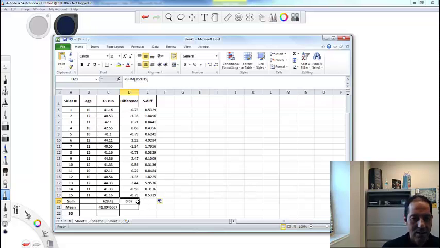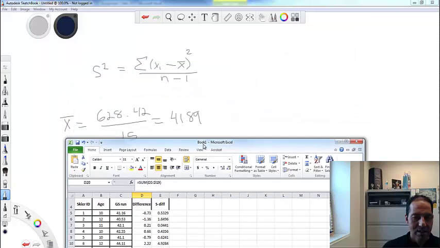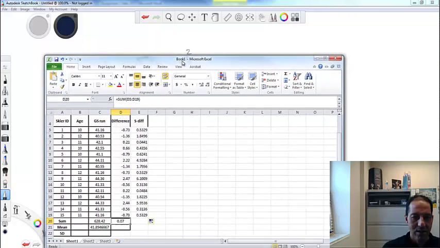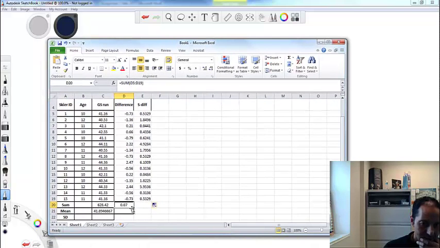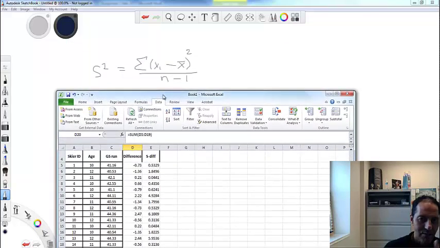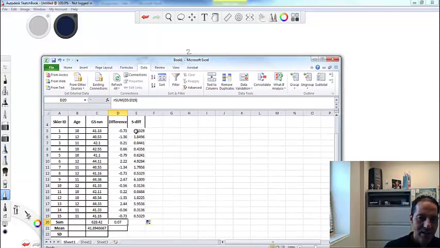Perfect. Now we want that numerator is going to be what? The sum of the differences squared, right? Well, here's the sum, the difference. Oh, excuse me. We did it once, but we want the sum of the difference squared. So we're going to take each of these differences, right? We squared them. This is what this formula is saying.